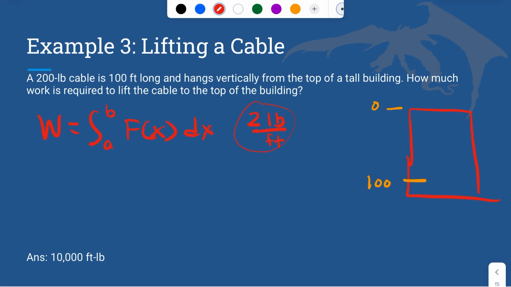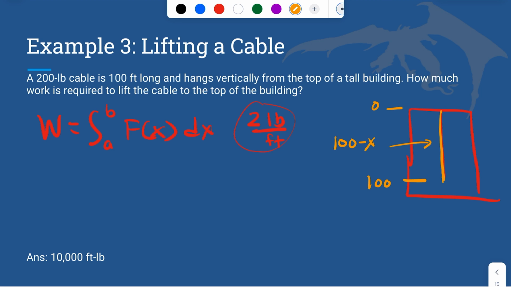And so, because it's evenly distributed, we have our 2 pounds per foot, and our distance from the top to the bottom. Before we called it x. But as we look at it from this standpoint, we can think of the total distance as being 100, but the length of the rope becomes, at any given time, 100 minus x.